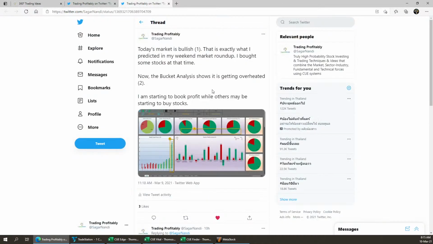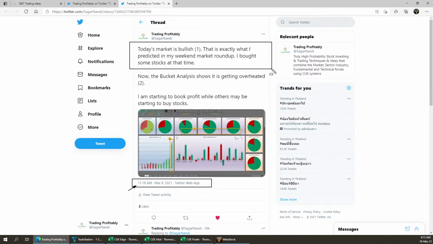Q edge. I tweeted on March 9th, yesterday, at 11:18 AM Eastern Standard Time: today's market is bullish, and if you follow me on YouTube, that is exactly what I predicted in my weekend market roundup.